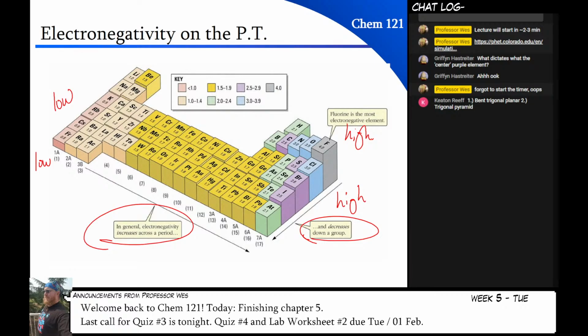So the most electronegative element is fluorine. Fluorine is the best at pulling electrons towards itself because it has a large number of protons for its size. If you go to the next row, chlorine is very good at pulling electrons towards itself, but because I've added that extra shell of electrons, because it's in period 3, those electrons are further away, and it's harder to hold on to them. So size matters in terms of electronegativity.